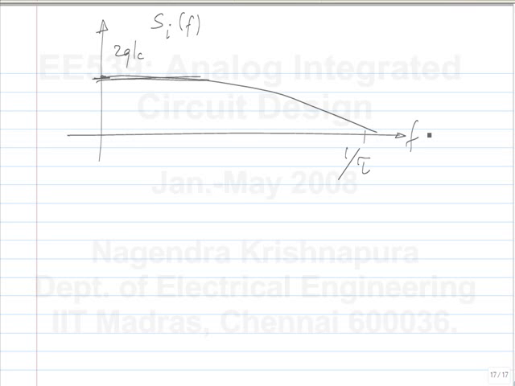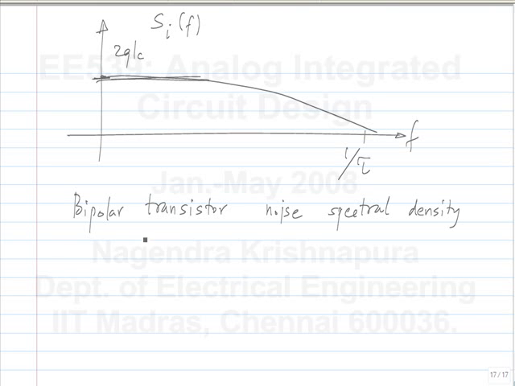Now, in a bipolar transistor, the scenario is even more complicated than this, but the model turns out to be exactly this one. This is the noise spectral density of collector current in the active region.